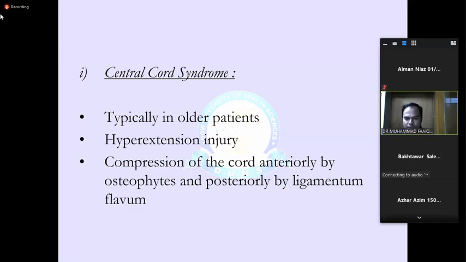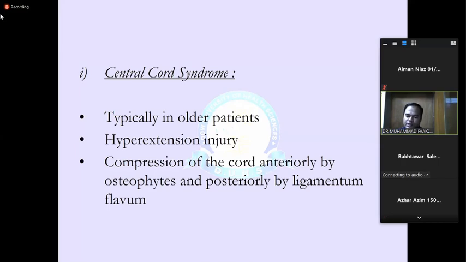And why does this happen? Because of the topographic alignment of the fibers: the cervical fibers are in the center, while the fibers of the thoracic and lumbar regions are in the outer aspect.